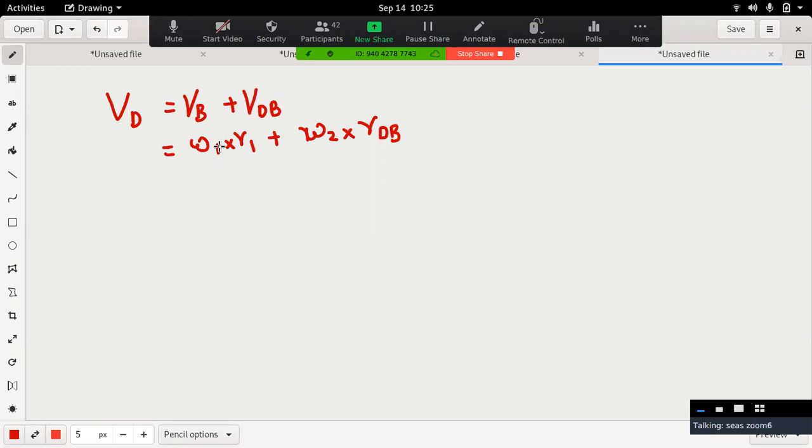RDB we can again determine from the I and J components. It's just your home assignment to do. The answer should be something like 858.4 mm per second.